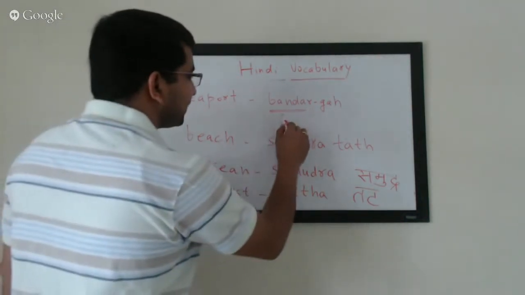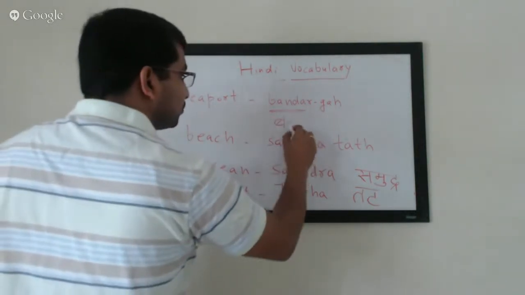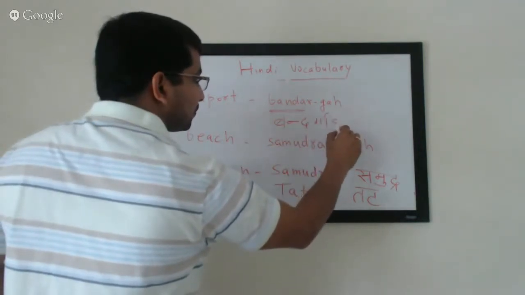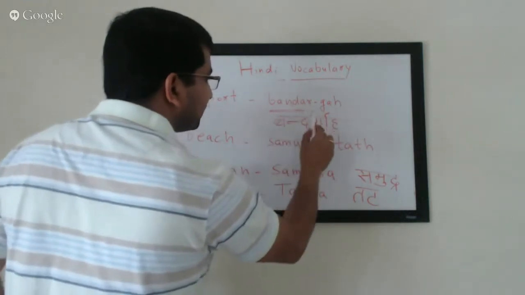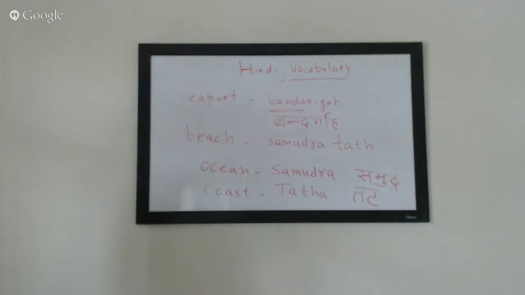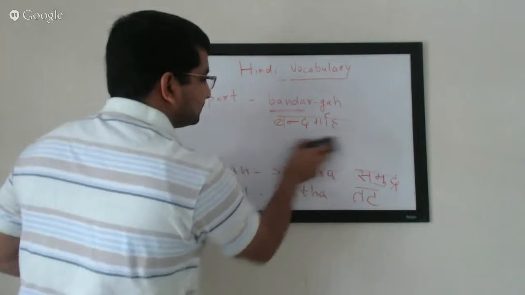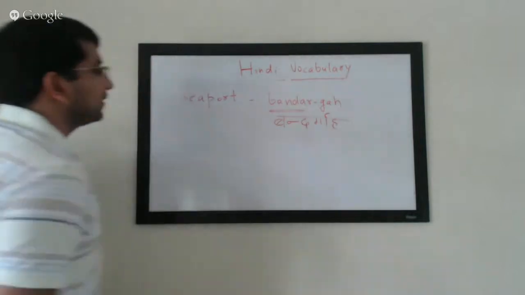The way you write it, you have ba and then na, and bandar has an r on top of ga. So again, bandar gah.